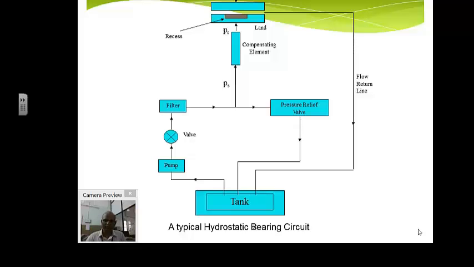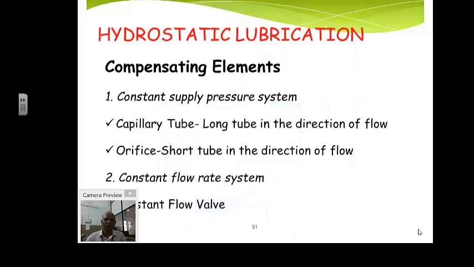Now let's see the function of the compensating element. There are two systems, basically a constant supply pressure system as well as a constant flow rate system. In the constant supply pressure system, there will be a capillary tube or an orifice. Capillary is basically a long tube in the direction of flow, whereas an orifice is a short tube in the direction of flow.